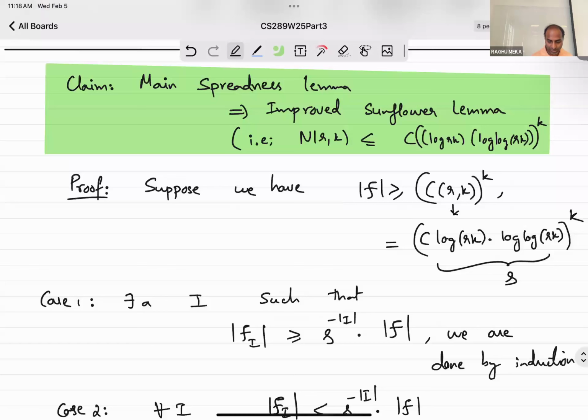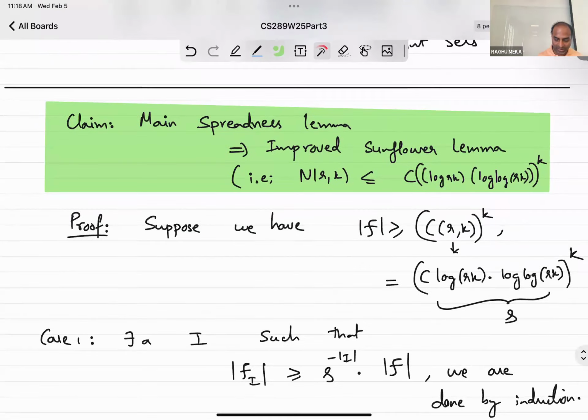This is what we wanted to prove, the significant improvement in the main sunflower bound, and we're just saying, if your family is big, then either there is an I such that you can use induction, or otherwise you have a spread family and you would get R disjoint sets.